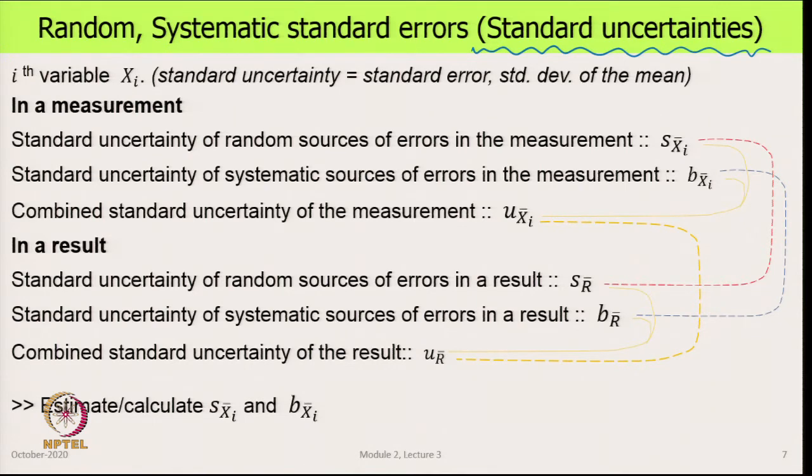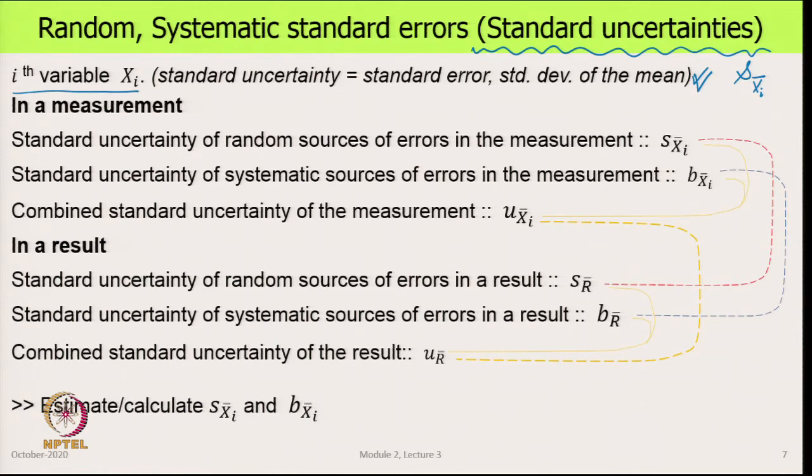And we had used the symbol S in the context of statistics to denote the standard deviation, and we said that in the x_i variable, this was the standard deviation of the mean, which we shall henceforth call the standard uncertainty. So, for each variable, say the ith variable x_i, the standard uncertainty is the standard error, which is the standard deviation of the mean. We just repeated that.